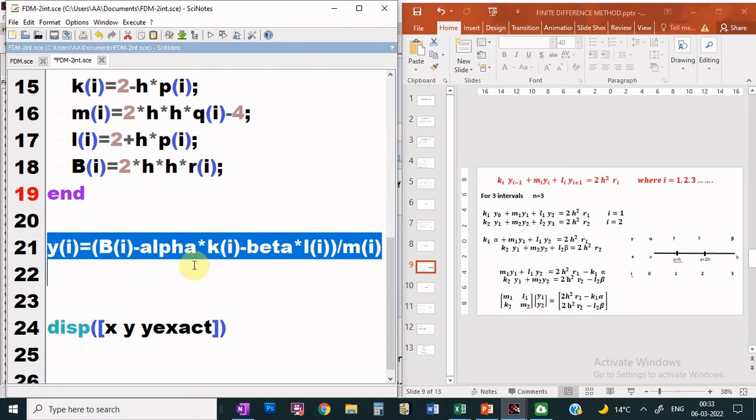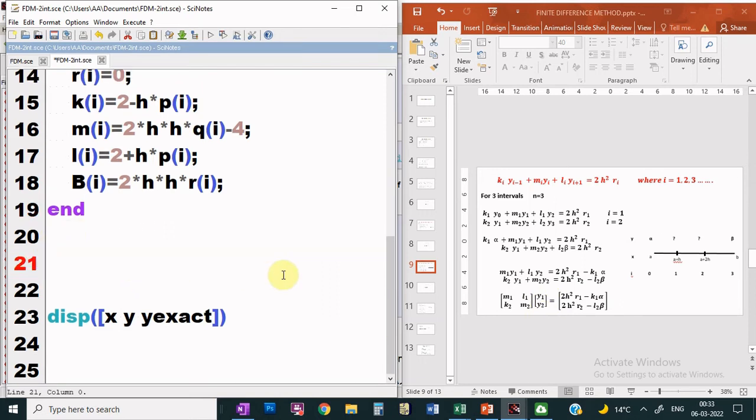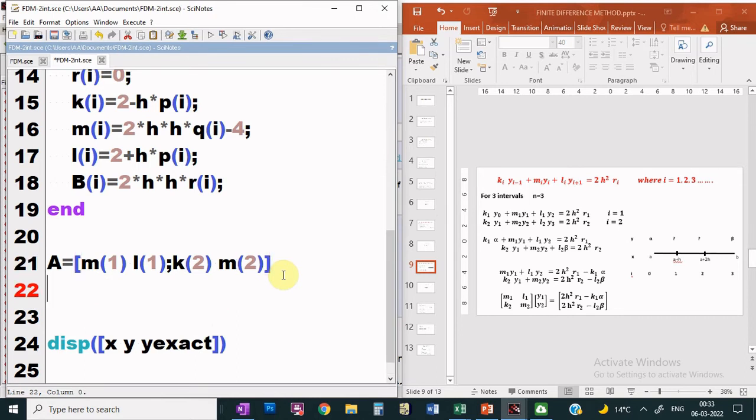So let me remove this from here, and instead write down the matrix A, which will be M1, then A2 and M2. So this will be our matrix A, and the matrix B we have defined as 2h square R1.